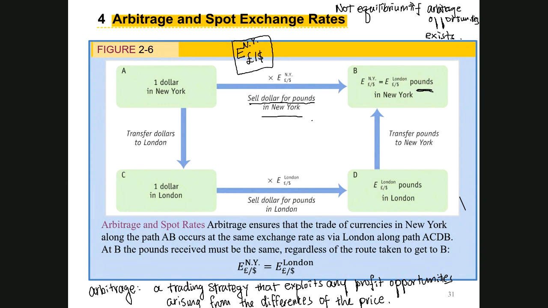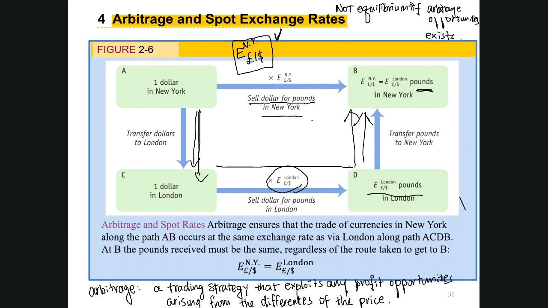So you just need to pay this amount in exchange for $1 of the pound. And then you have another way. You could transfer your dollar to London, and then use the exchange rate in London to switch your dollar to pounds. Right? Due to technology right now, the path from A to C, C to D, and D to B could be done in seconds.